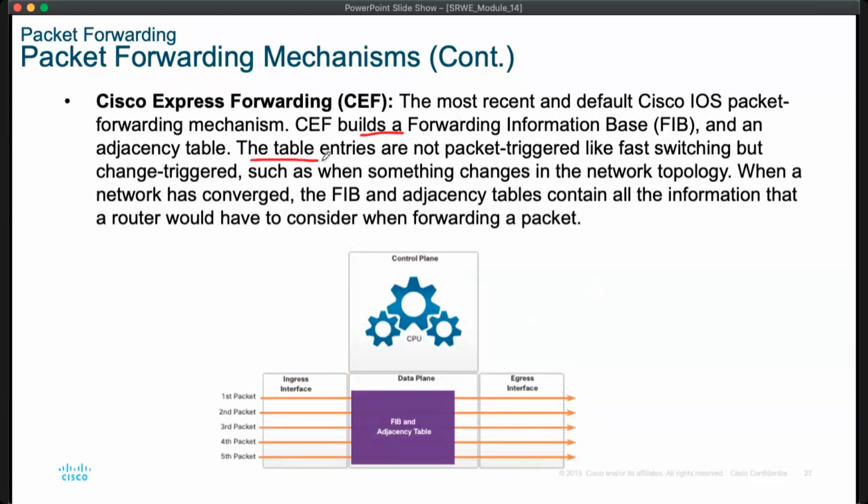The table entries are not packet-triggered like fast switching but change-triggered, such as when something changes in the network topology. When a network has converged, the FIB and adjacency table contain all the information that a router will have to consider when forwarding a packet.